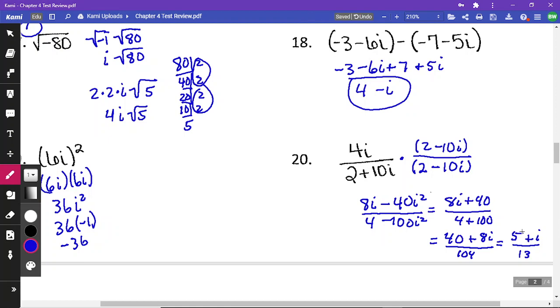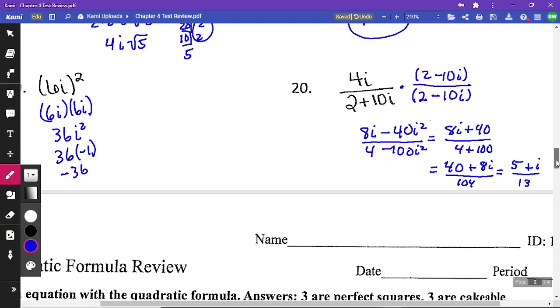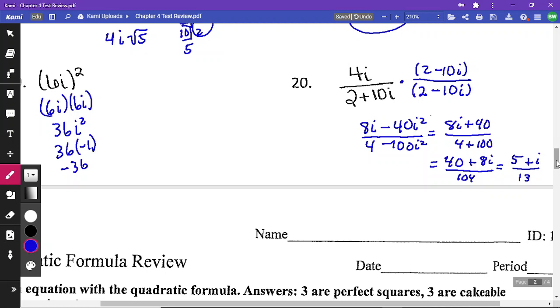Now on these, when they don't have a radical, we do split them up. I didn't plan very well. I'm going to write on the top of the next page. I won't count it wrong if you leave it like that, but we generally split them when they don't have a radical into 5/13 plus 1/13 times i.